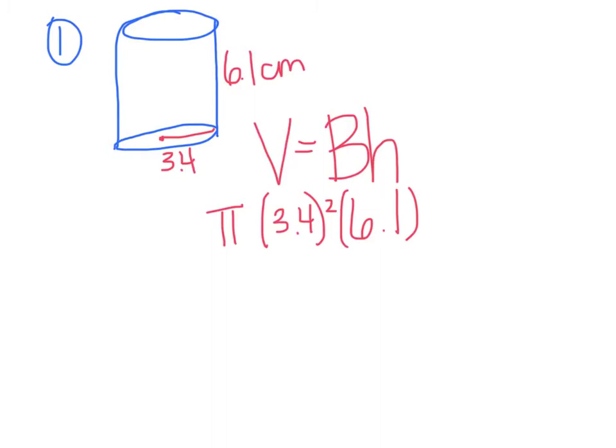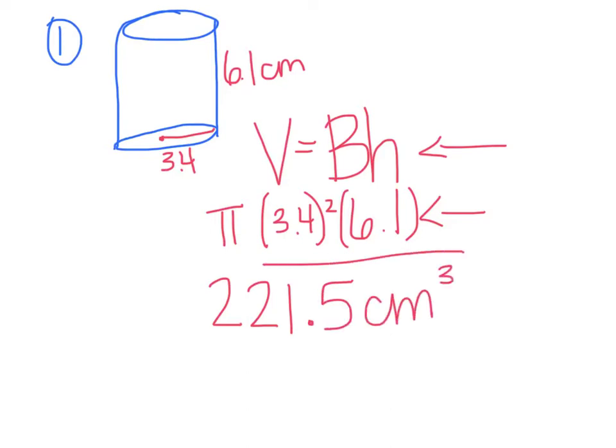You can then put that in your calculator, but I expect to at least see these two steps before I see a final answer. So 3.4 raised to the second times 6.1 times pi. We want to round it to the nearest tenths place, so 221.5 centimeters cubed. Remember, since we're talking about volume, you want the 3 for cubed.